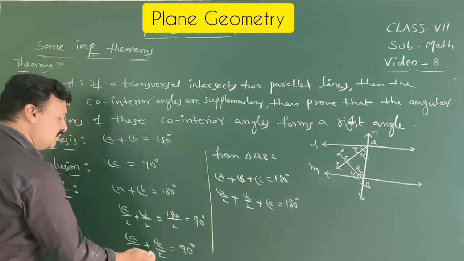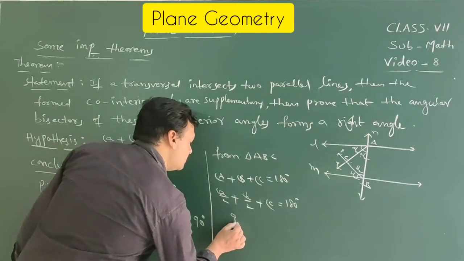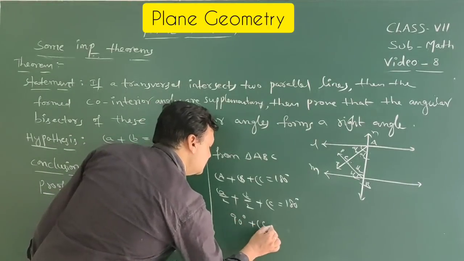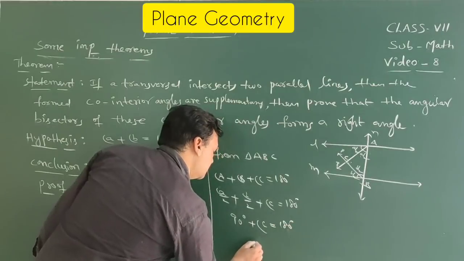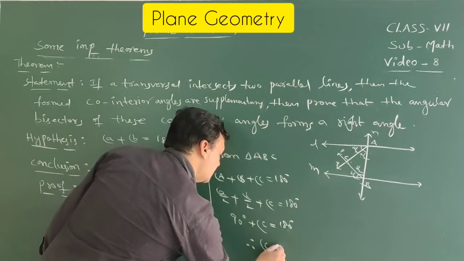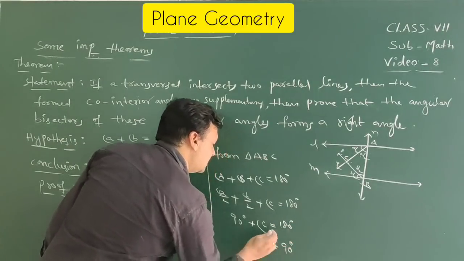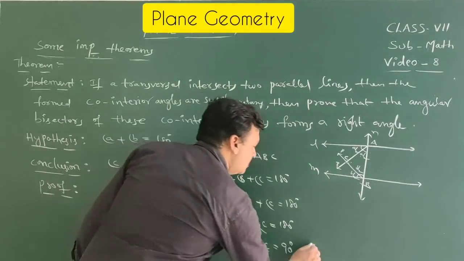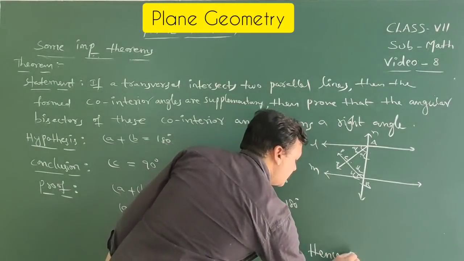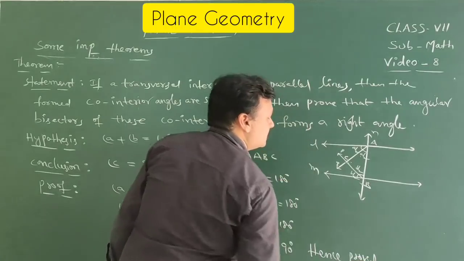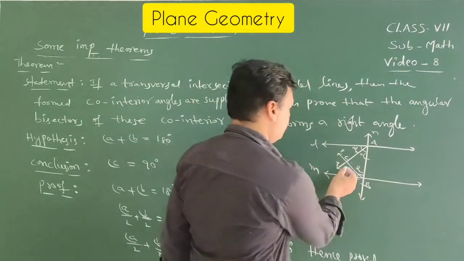A by 2 plus B by 2 measures 90 degrees. So 90 plus angle C equals 180. Therefore, angle C equals 180 minus 90, which is 90. Hence, proved. Important.